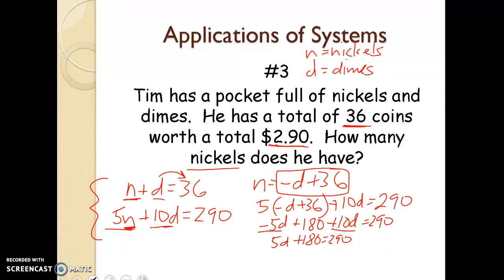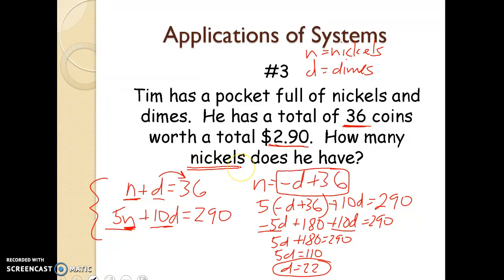If I subtract 180 from both sides, I'll have 5D equals 290 minus 180, which is 110. Divide by 5, and D is equal to 22, which means I have 22 dimes. But again, that's not the answer.